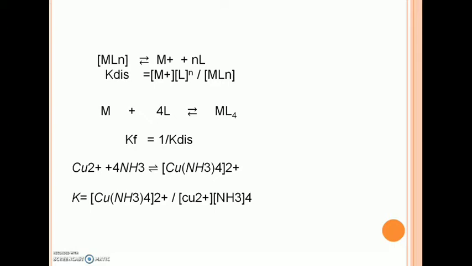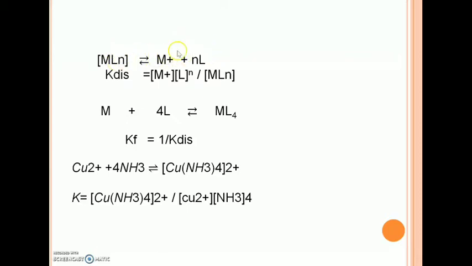after some time an equilibrium is attained, and the equilibrium constant here is represented as the dissociation constant. That means the reaction taking place is dissociation. The complex MLn dissociates into the ion M+ and ligands.